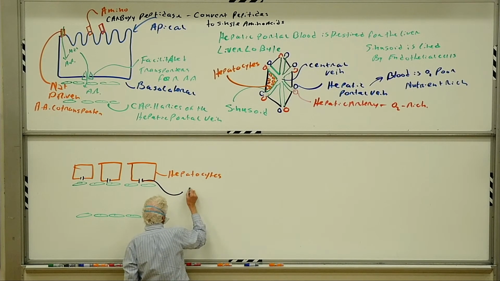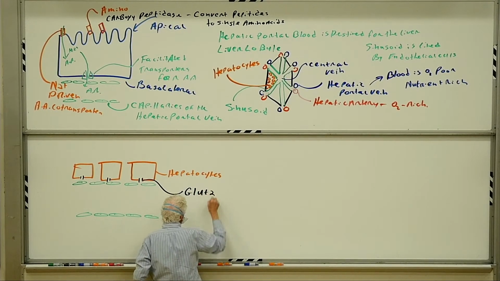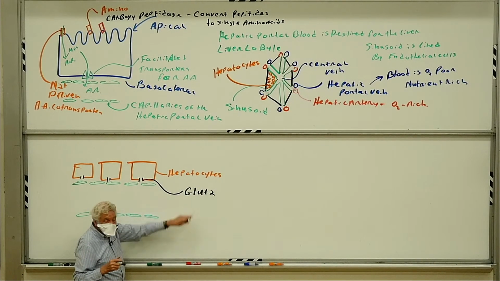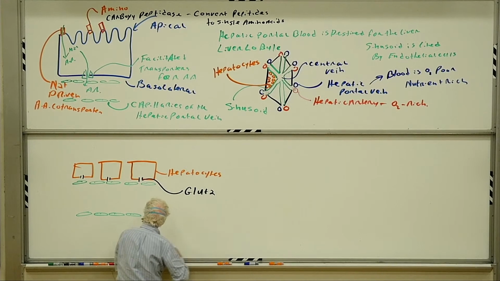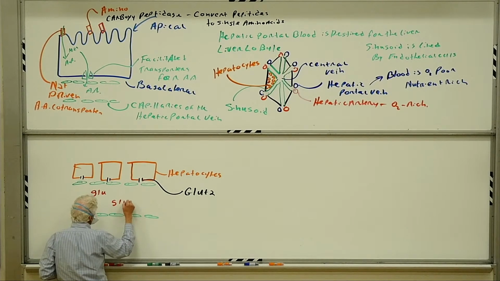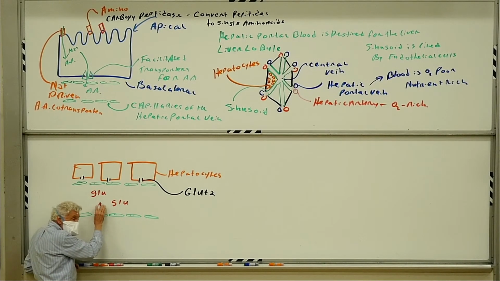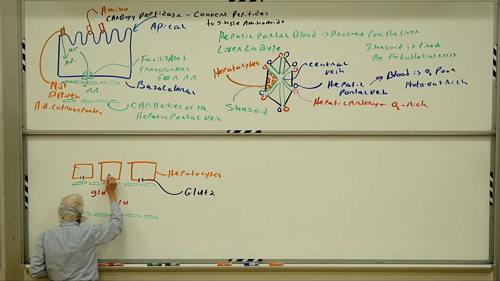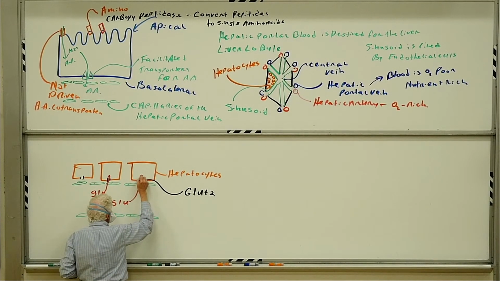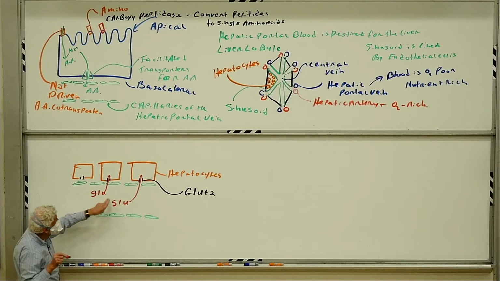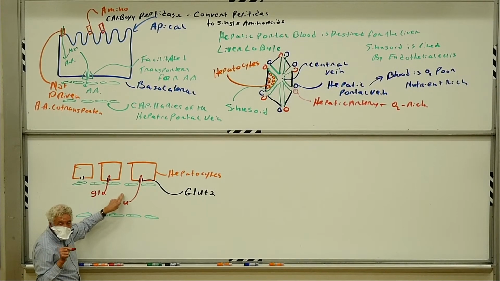And this facilitated transporter is GLUT2. GLUT2 is sometimes known as the bulk glucose transporter. And so what it allows to happen is that the glucose, which is in the hepatic portal system and is now in the sinusoid, can now leave the sinusoid and go into the hepatocytes. It has an avenue into the hepatocytes through GLUT2, a facilitated transporter.